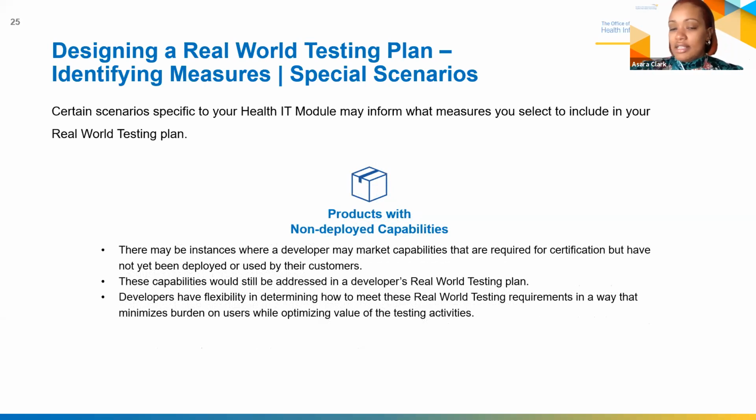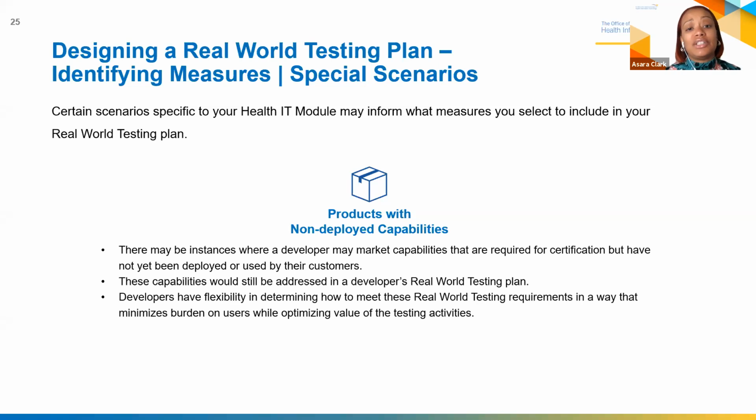All right, now on this slide, we're going to talk about products with non-deployed capabilities. And I'm going to spend a little bit of time on this slide because we get a lot of questions about this. We understand that there are instances where a health IT module that's been certified has multiple capabilities, not all of which have been deployed or used by your customers, okay?